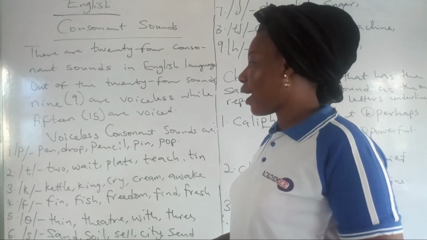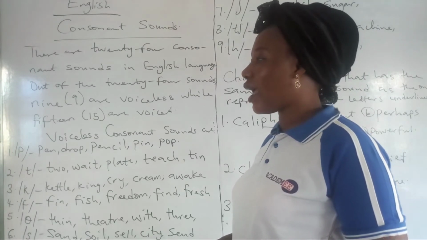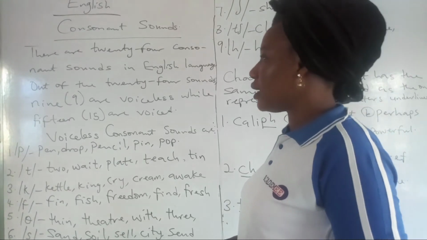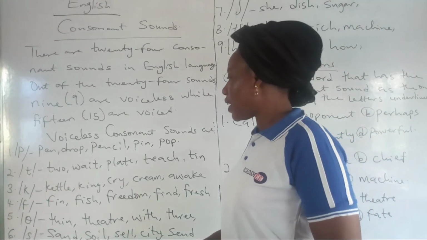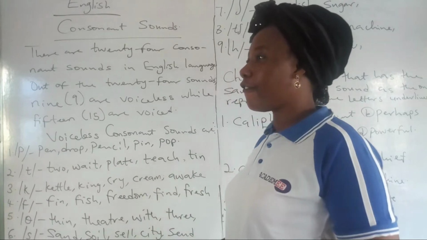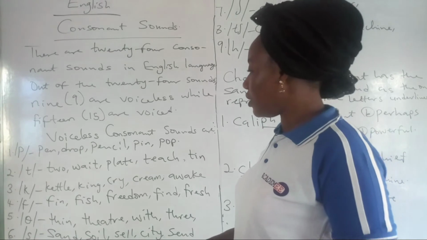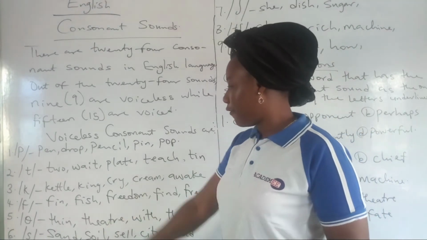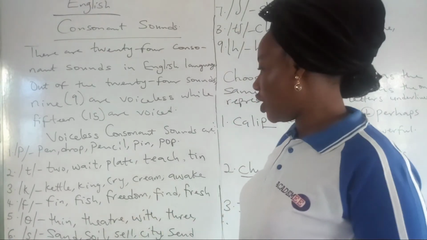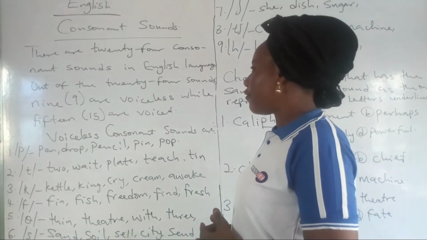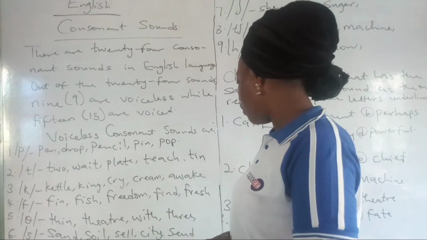For example, we have it in kettle, king, cry, cream, and awake. The next one is, and the sound is, we have it in fin, fish, freedom, find, fresh, and so on and so forth.